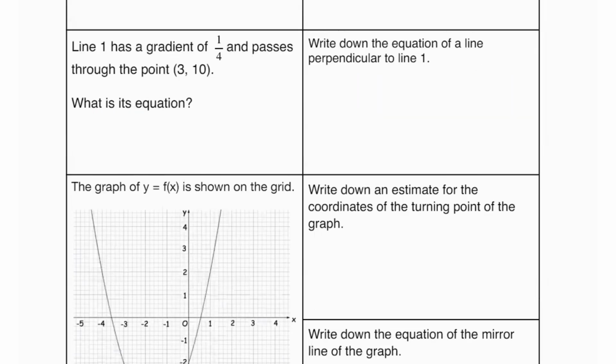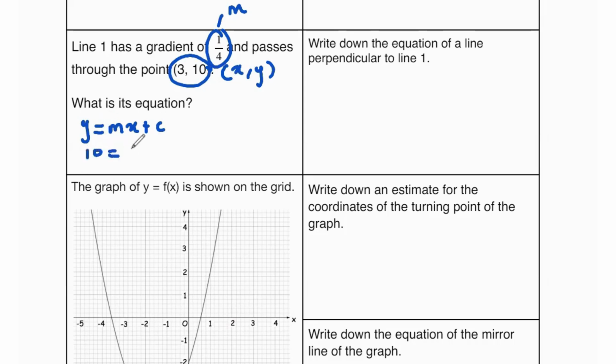Next question says that line 1 has a gradient of 1/4 and passes through the point (3, 10). What is its equation? So let's use the slope-intercept form, which is y equals mx plus c. m is your gradient, and (3, 10) is any point (x, y) on the line. So let's put y as 10, m as 1/4, and x as 3.